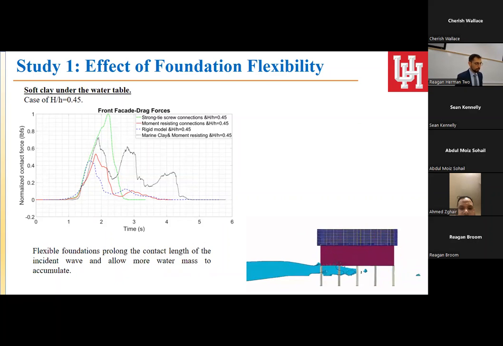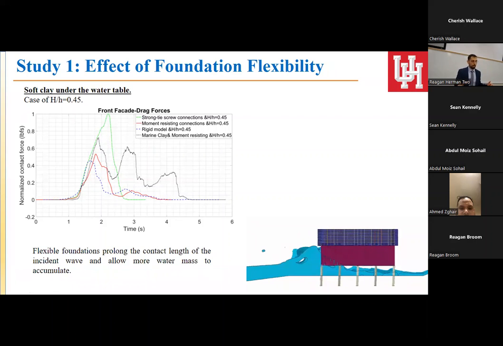What you can see here is a similar phenomenon: a more flexible system receives more force. That might seem counterintuitive at first. How can a more flexible system receive more force from an impact force? However, the wave loading is not a single impact. It's a prolonged impact. Again, of course, the winner goes to the screw tie connections, the conventional way of building those houses, which receive the most force out of all the models.